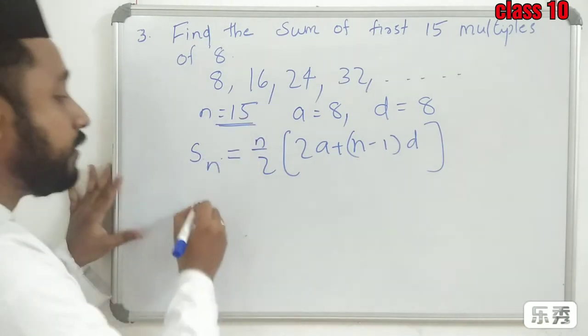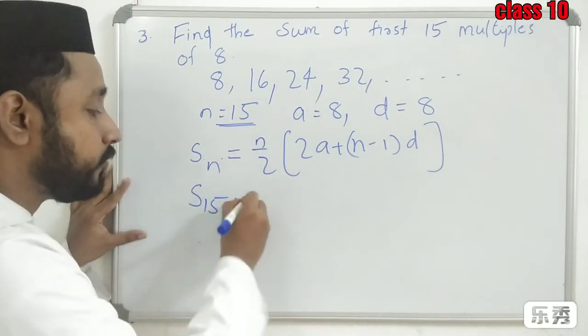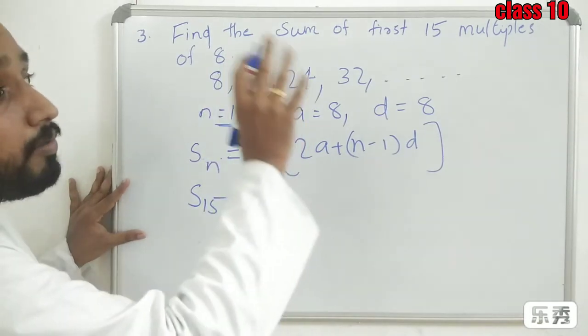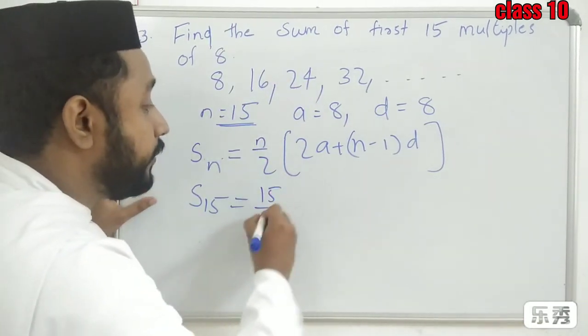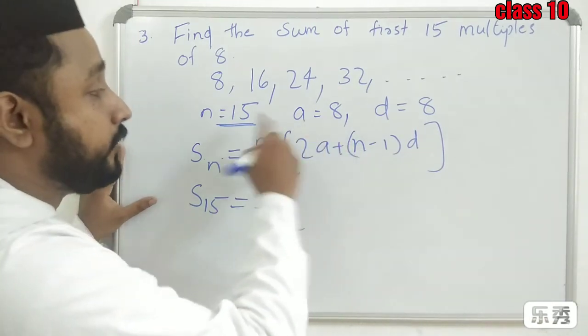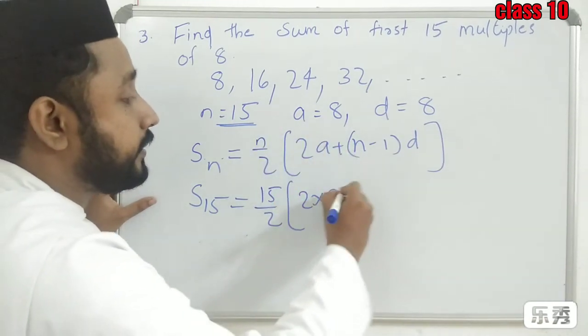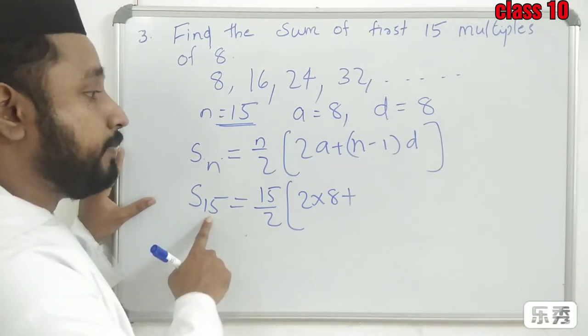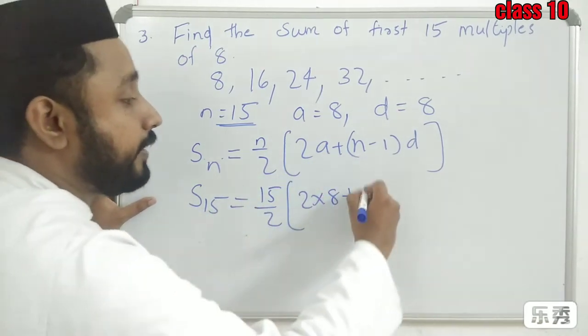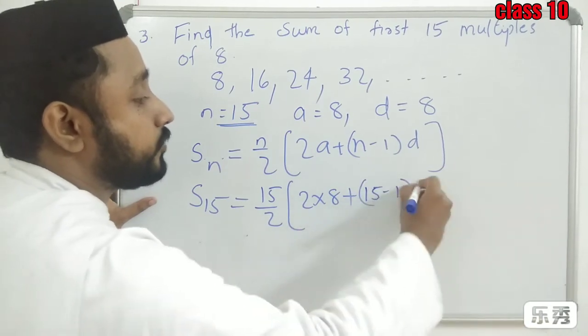Here n is 15, so S15 is 15 by 2 into 2a, that is 2 into 8, plus n minus 1 into d. Here n is 15, so 15 minus 1 into d, and d is also 8.